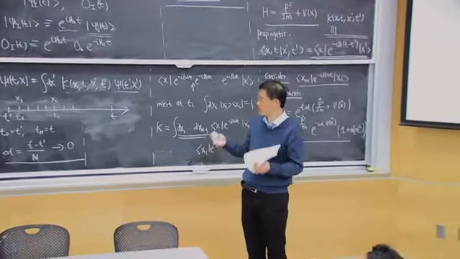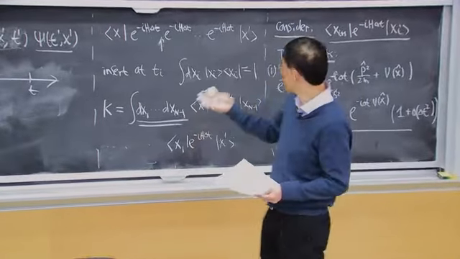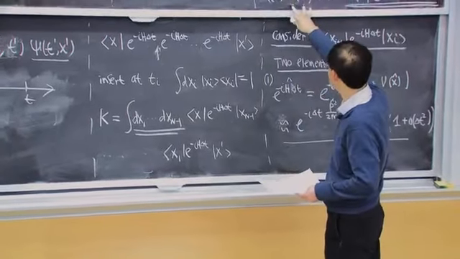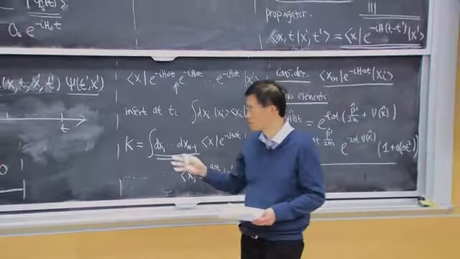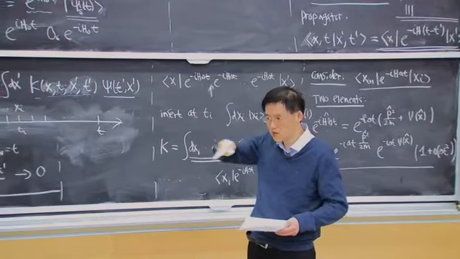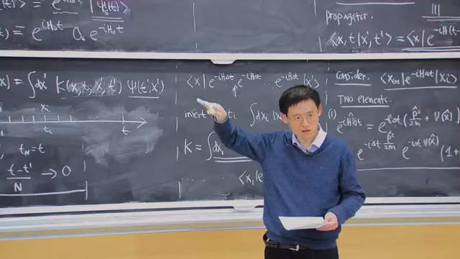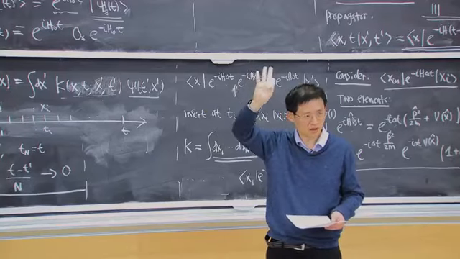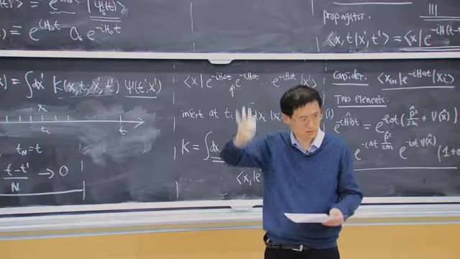And then you find that now you can write this transition amplitude, the propagator, in terms of such an expression: summing over all possible paths, weighted by the exponential of i times the action.